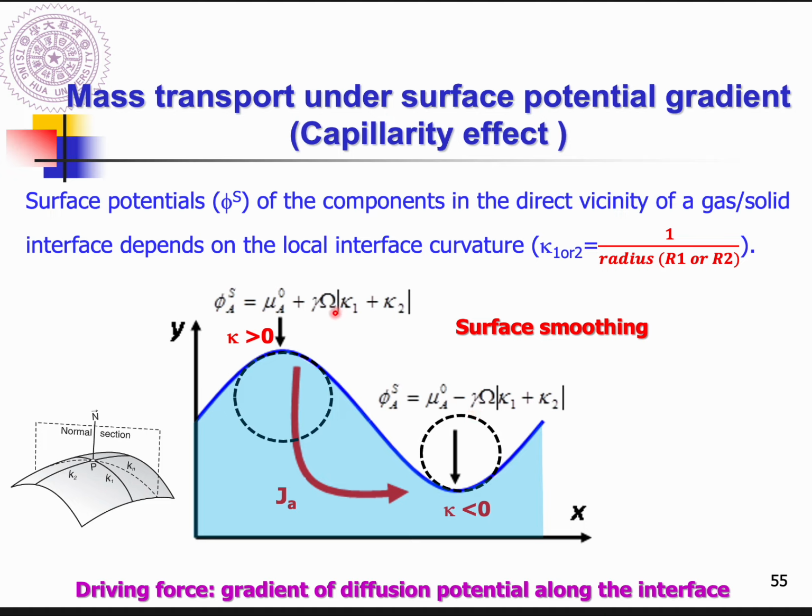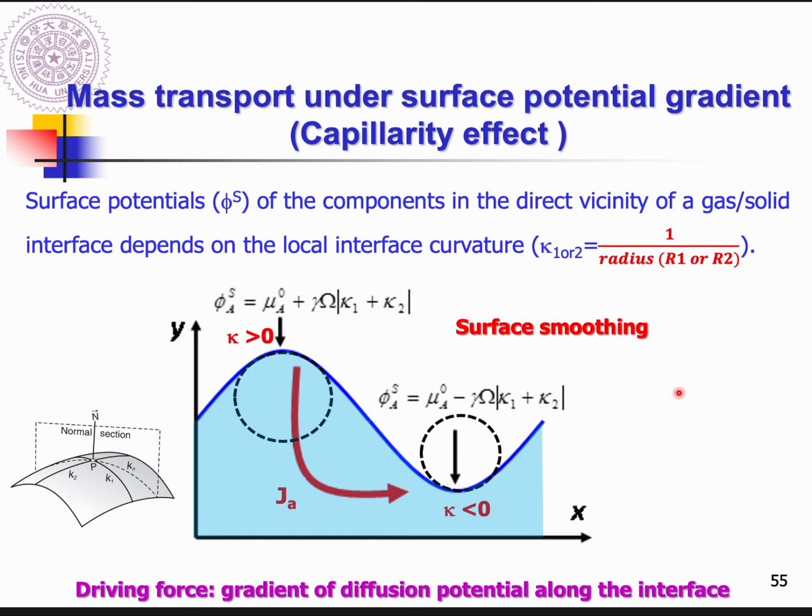This extra term is the same as this one, including the surface energy, average atomic volume, and also kappa 1 and kappa 2, the curvatures. And minus the extra term, since this term is positive, the surface potential of atom A located at the concave region is smaller than that on the flat surface.